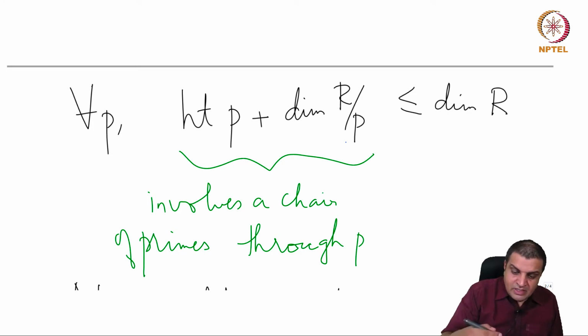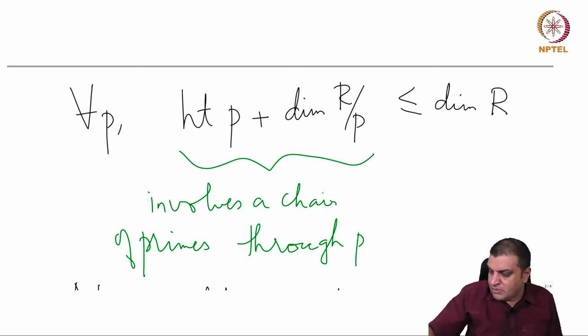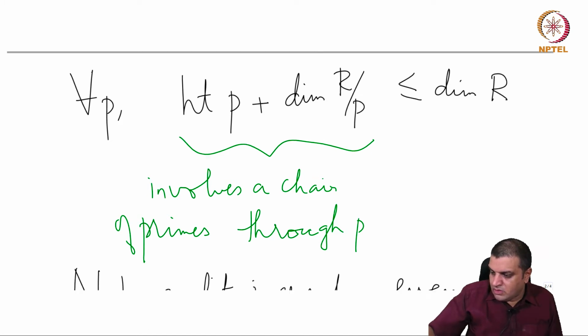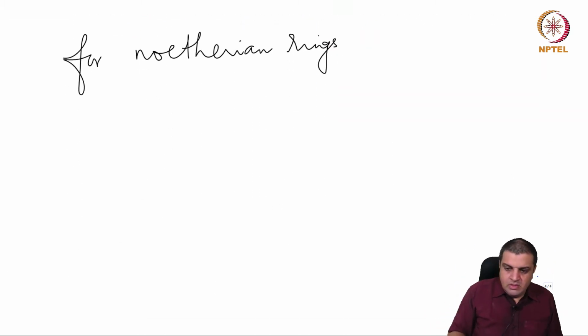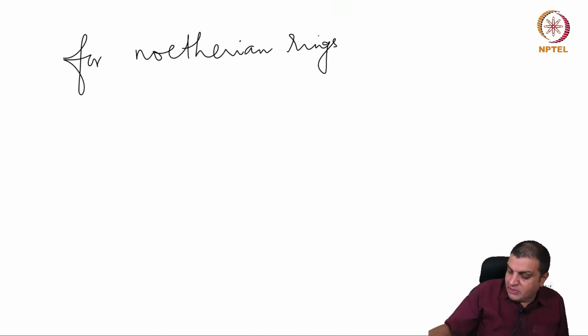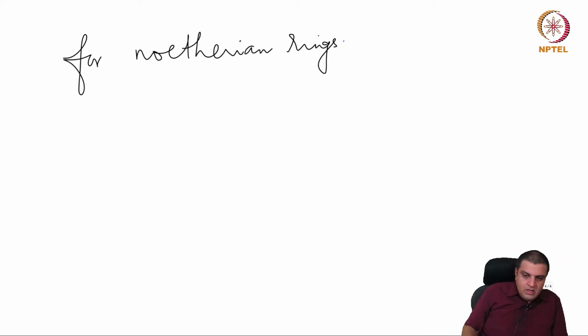So we will stick to the terminology of height. Some books do refer to this as codimension, but because it is not an equality here, the difference between the dimensions is not the same as the height in general.